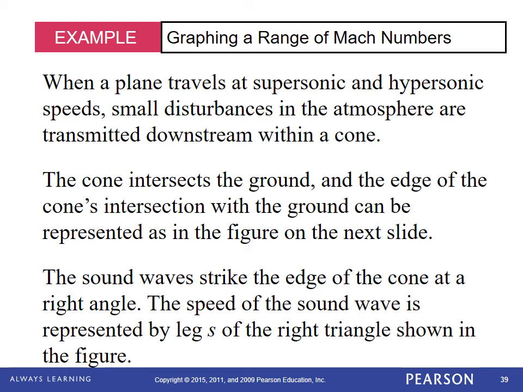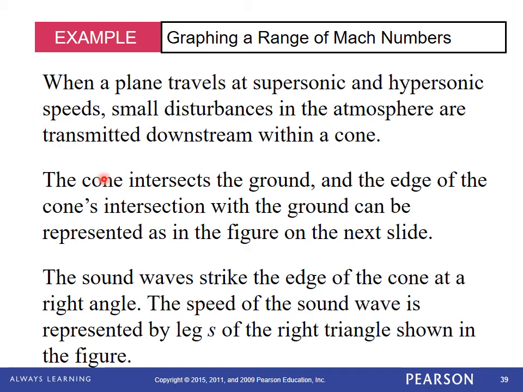This one I just thought was a pretty cool example of the cosecant function. At the same time, it was a cool example altogether. Graphing a range of Mach numbers. So what in the world is a Mach number? Let's see if we can read it through here.